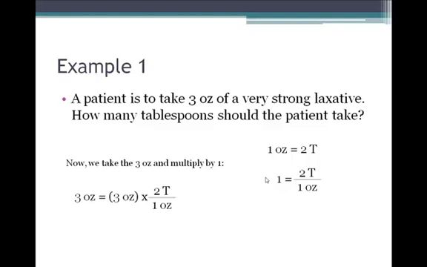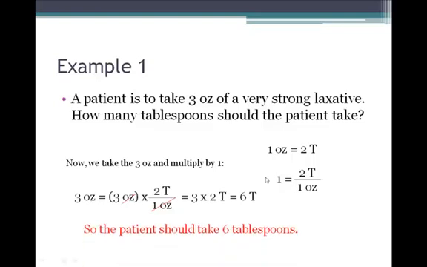And with this now, we're multiplying fractions, and anything in the numerator we can divide with anything in the denominator, and that includes the units as well. So we can imagine canceling out the ounces as units, and then all we have left is 3 times 2 tablespoons, including the units, that is equivalent to 6 tablespoons. So 3 ounces is equivalent to 6 tablespoons.